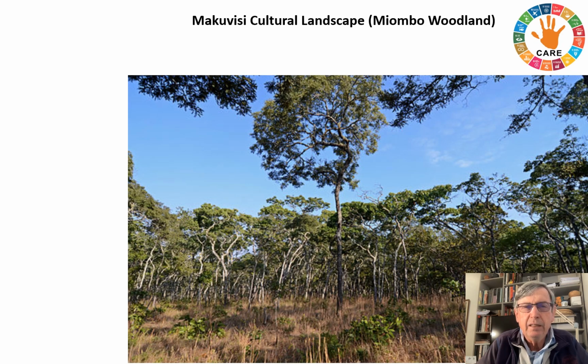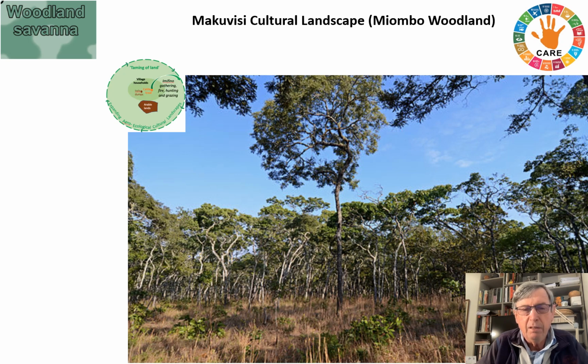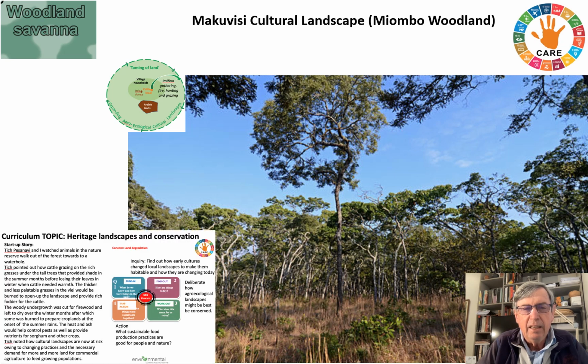Next to the Makuvisi landscape of the Meomba woodland, and immediately you say, well, this remains woodland with the grasses underneath. And the woodland savanna was adapted by the Shona people, who have dark cattle that stayed in the sheltered area during the summer, and then during the winter they were able to be moved out.